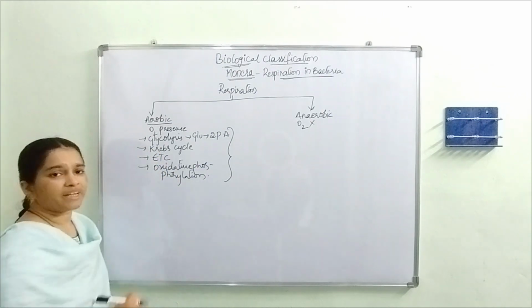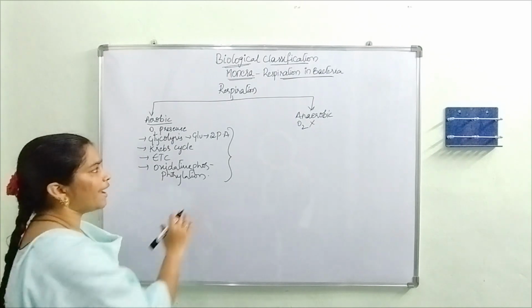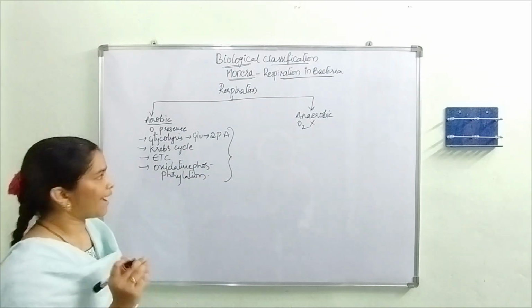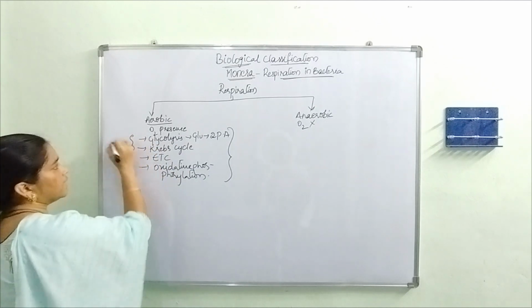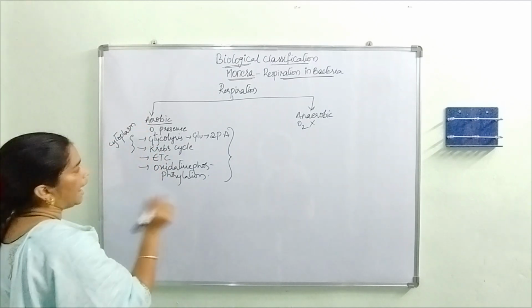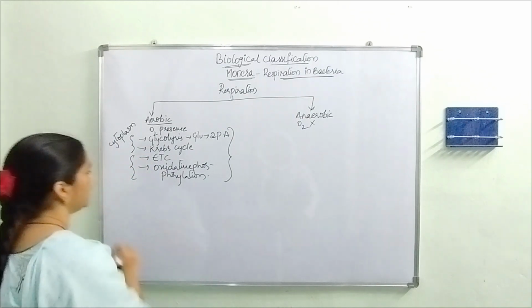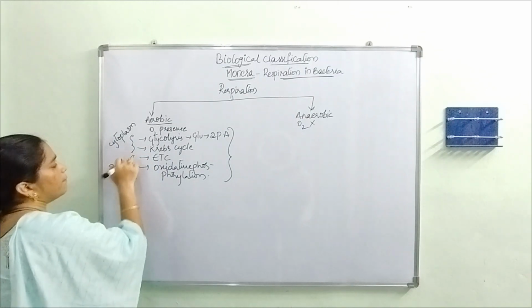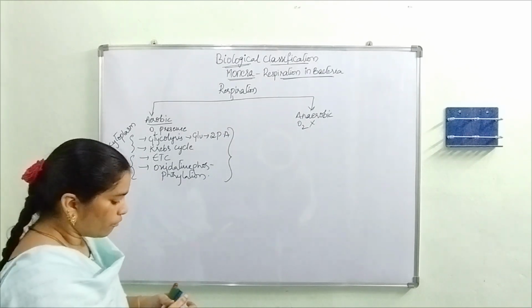But we don't have any membrane bound structures in bacteria. So, where do these processes occur in bacteria? Glycolysis and Krebs cycle both occur in the cytoplasm of the bacterial cell, and electron transport chain and oxidative phosphorylation occur in the plasma membrane.